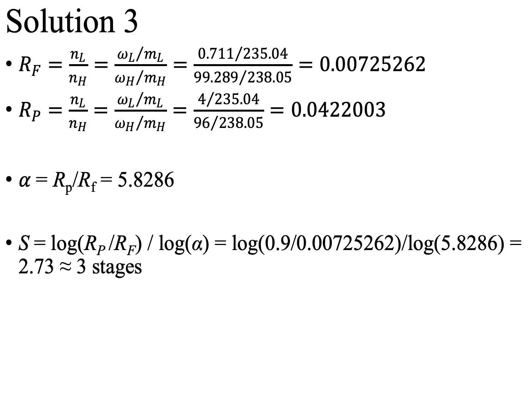However, the problem gives you the abundance in terms of weight. So we convert this n to the weight. So here this omega is the weight percentage, and this lowercase m is the atomic mass or molecular mass, depending on what material you are separating. You need to read the problem.